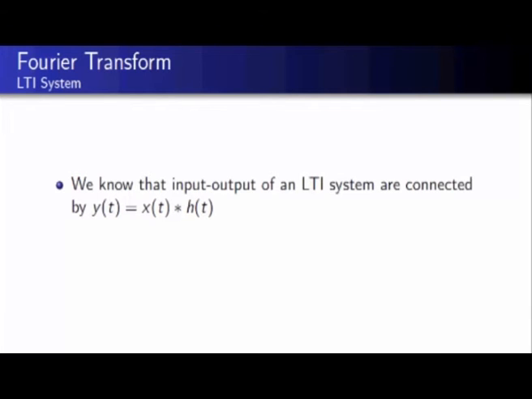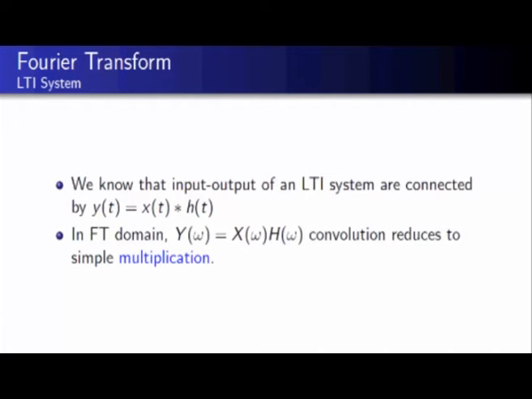So basically what I've done here, I've already explained all this. We know that the input and output of an LTI system are connected by the convolution operation. Y of t is x convolved with h. In the frequency domain, convolution is replaced by multiplication, right?